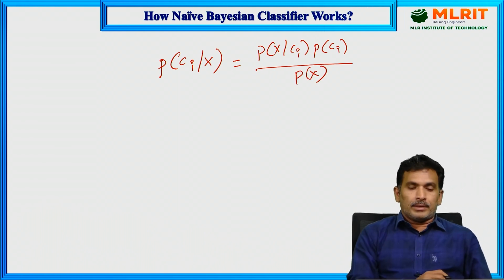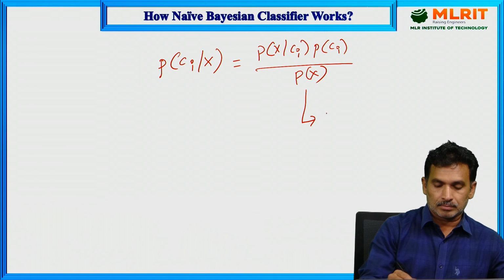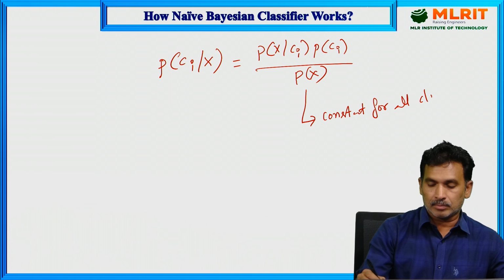So here, the probability of x is constant for all class labels.